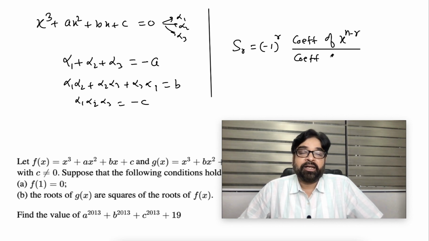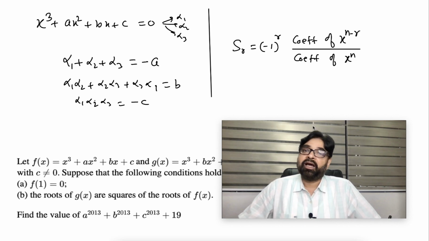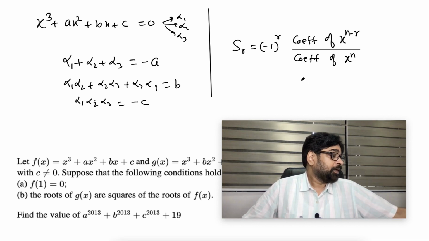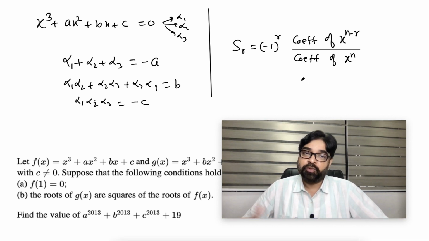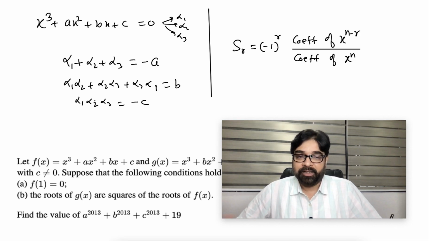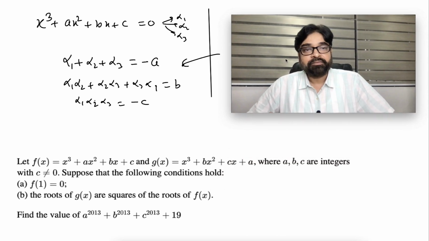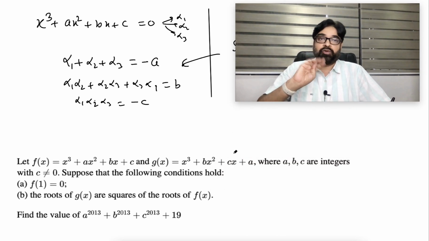To get a better understanding, just refer to the Hall and Knight book. You can use that for equations of degree more than 2. You'll get the complete idea of how to use this. This is just an extension, I use this formula to write this. So this is the concept involved with this question.